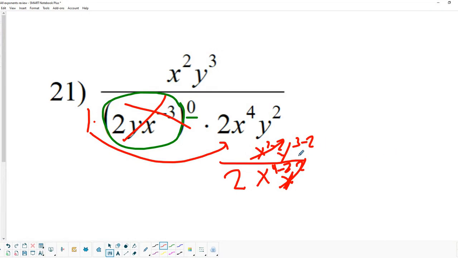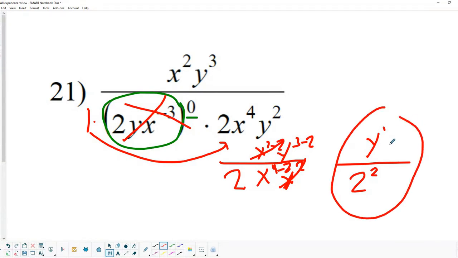So 3 minus 2 on our y value would leave us with y to the 1st. Then on the bottom we had 2, and x to the 4th minus 3rd, which is x to the 2nd. So y to the 1st over 2 x to the 2nd. I forgot to put the x in there. And that would be our final answer.